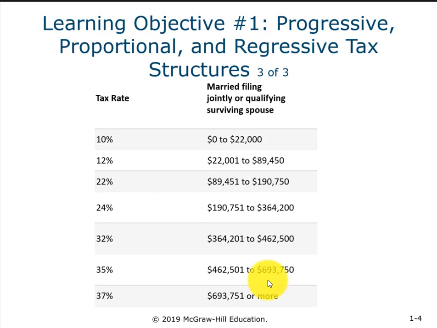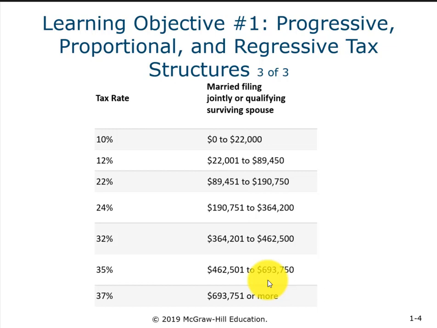But this is the tax brackets, if you will, for married filing jointly, and we'll learn a little more about what that means in chapter 2. But just so you understand the tax rate scenario. If your income is 0 to 22,000, your tax is just straightforward. It's 10% of that.